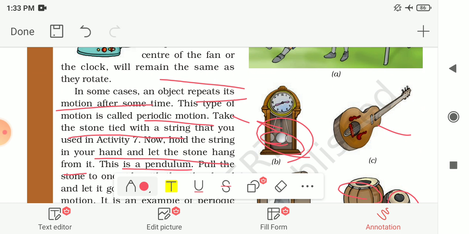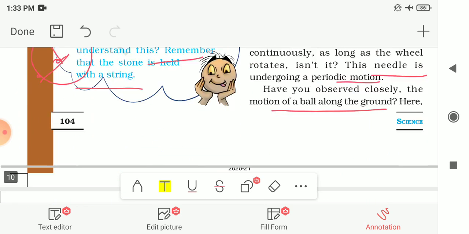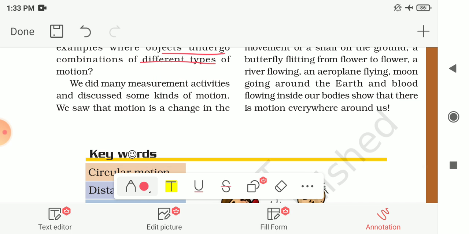Here in the clock you can see that the hands of the clock are moving in a circular motion, or in a circular path, whereas the pendulum is in periodic motion because it is repeating its motion after some time interval. So here you can also see 2 different types of motion, circular motion and periodic motion. This is also such an example.